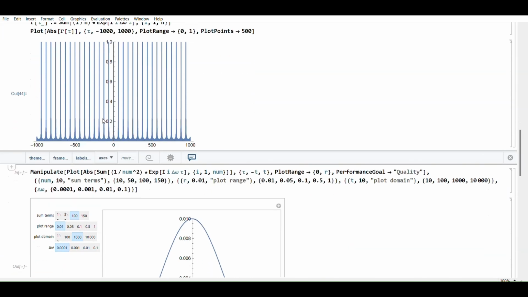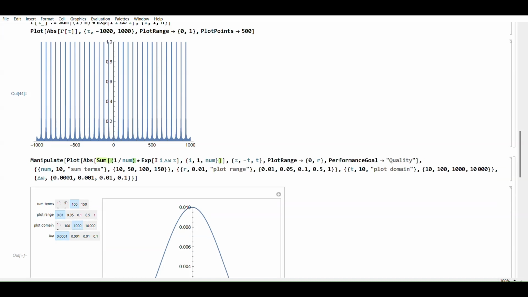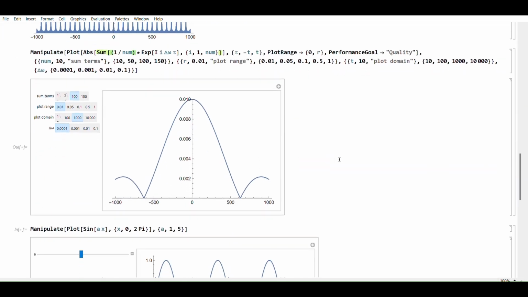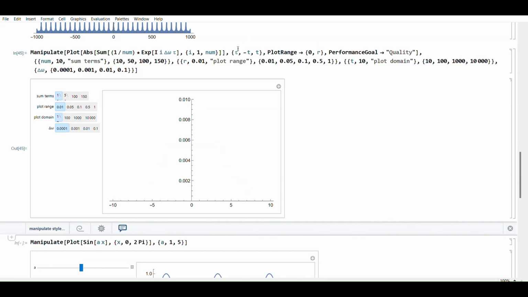Then here I have actually made a manipulate plot. Let me correct it over here. It should be 1 over num. Okay, let me, oh, something has gone wrong.